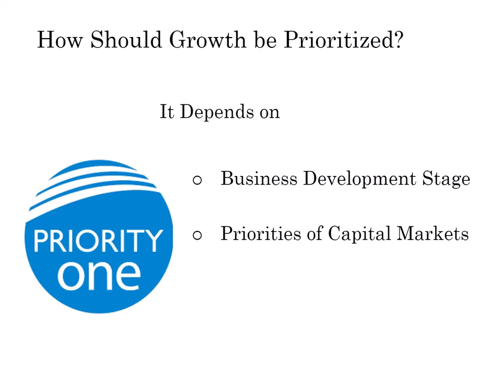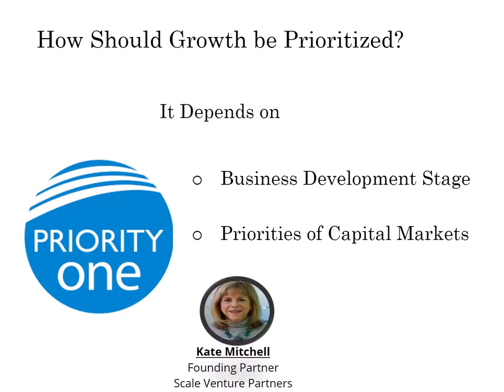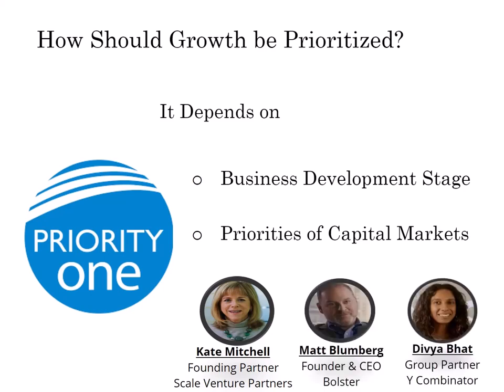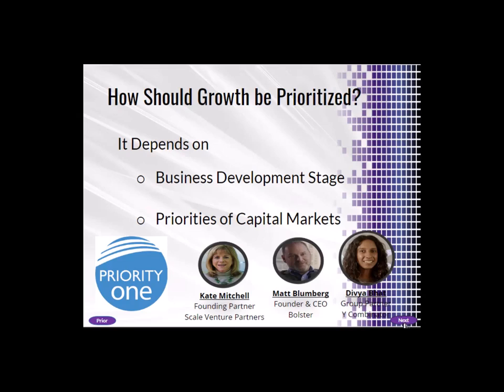To help us understand when to make growth a priority or the top priority, we will listen to the voices of top professionals whose firms specialize in helping companies grow: Kate Mitchell, Matt Blumberg, and Divya Bihat. For the purposes of this discussion, a company's development will be looked at in three stages.